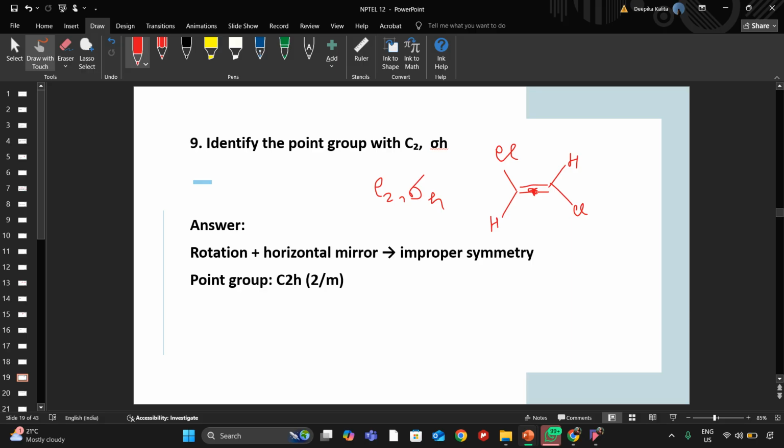So the point group which these molecules contain is C2h. It is actually written as C2h.